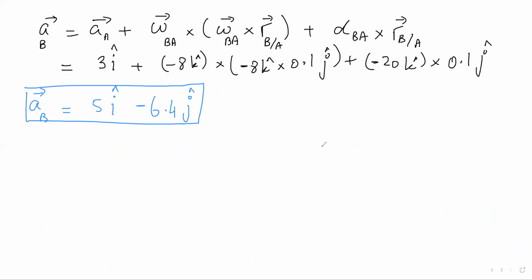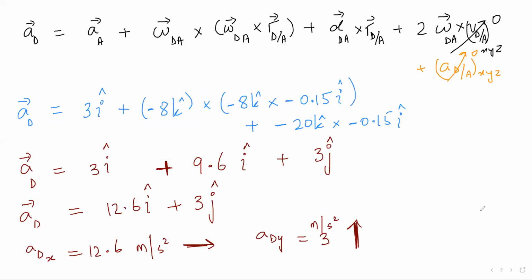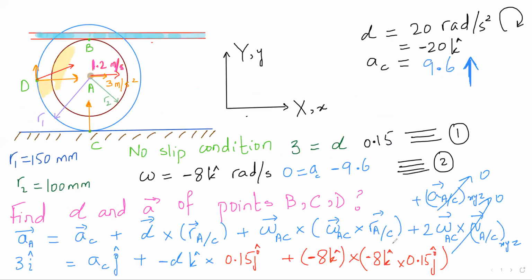Okay, let's go back. So 5i minus 6.4 j. I have an orange arrow like this, 5i.